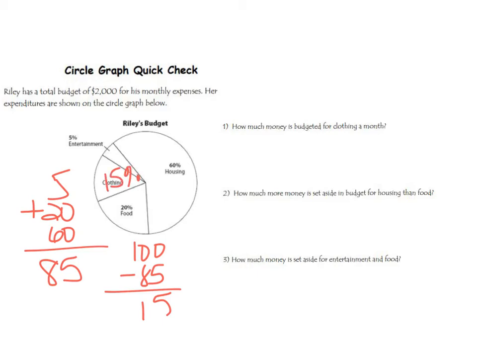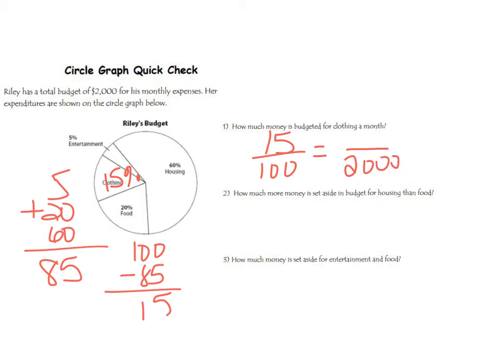And we're going to find out how much money is dedicated for clothing on her budget. So what we do is we set it up as a proportion. So we have 15 over 100. And then you go ahead and find out how much that is out of 2,000.